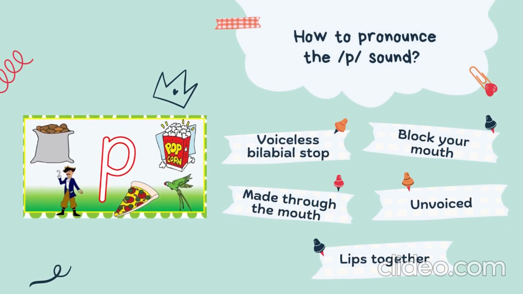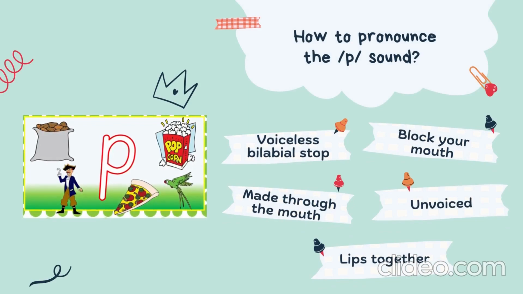The sound pa is a voiceless bilabial stop consonant. Press your lips together, move your lips outward while pushing air out in a short burst. Your vocal cords shouldn't vibrate. It is defined by the shape of your lips and the motion of airflow through your mouth, and it is a stop sound, which is a sound made by building up air pressure by stopping airflow and then releasing it.